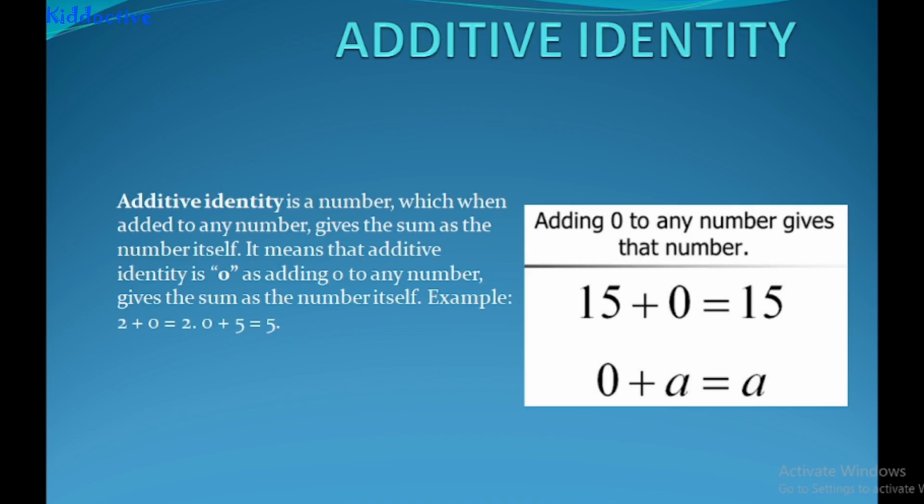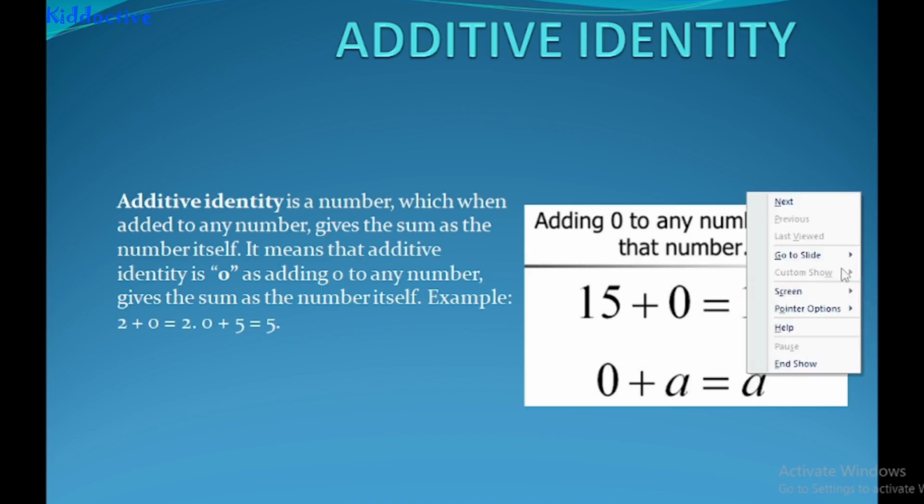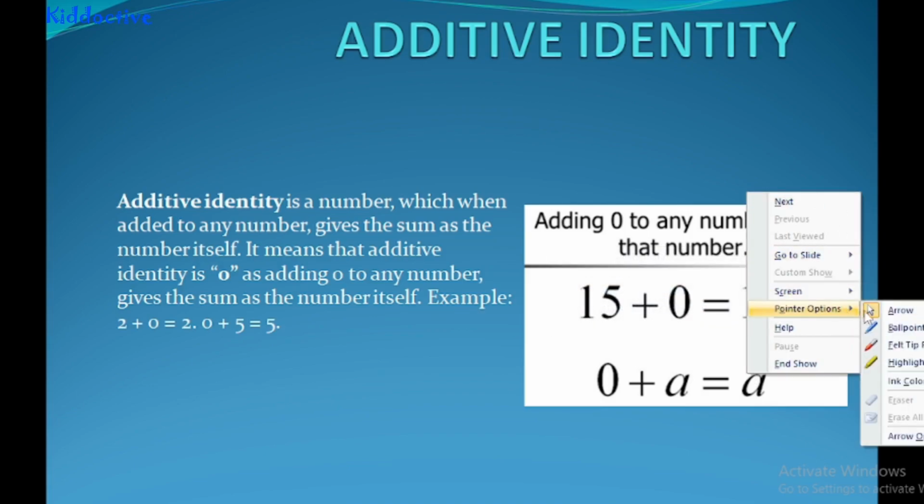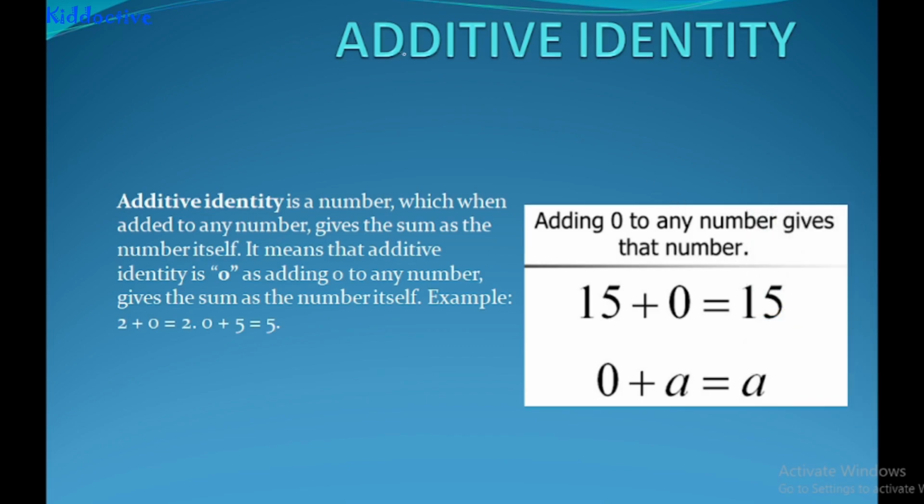By adding 0, the number's value or identity cannot be changed. That's why it's called the additive identity rule. Here it's written 2 plus 0 equals 2. The number's identity or value is not changing.